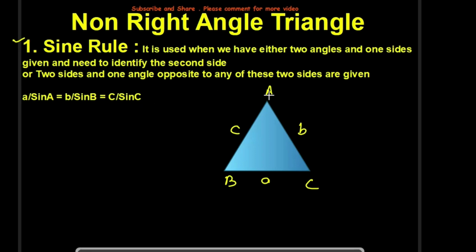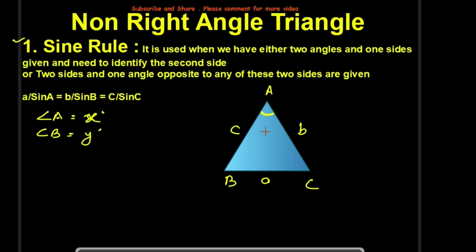That means it is used when we have two angles. Suppose angle A is given as x degree, and angle B is also given as y degree.